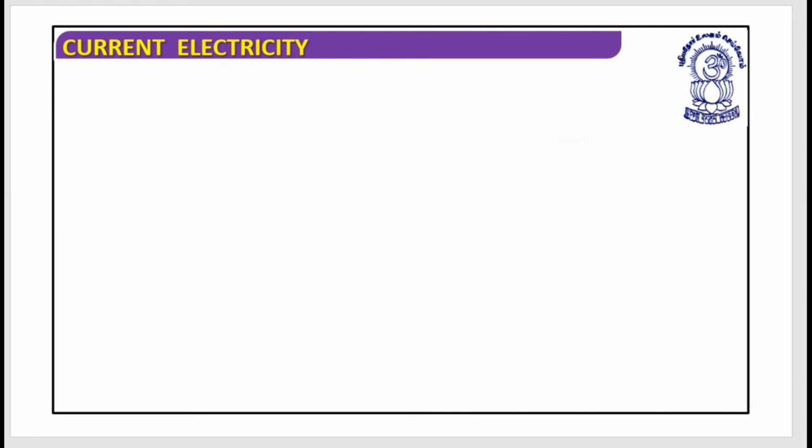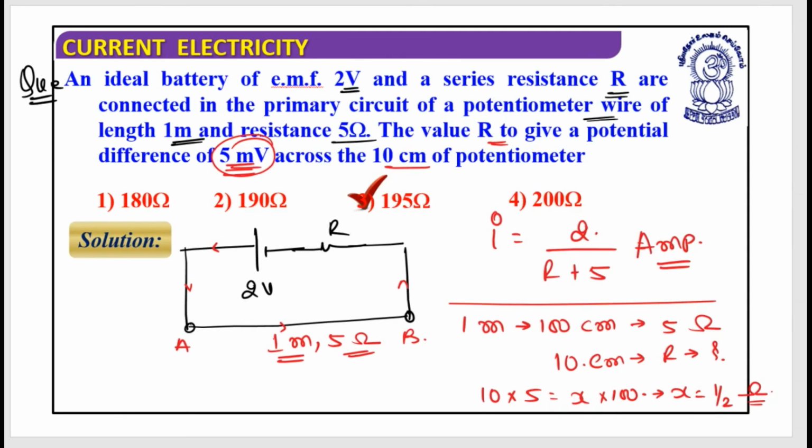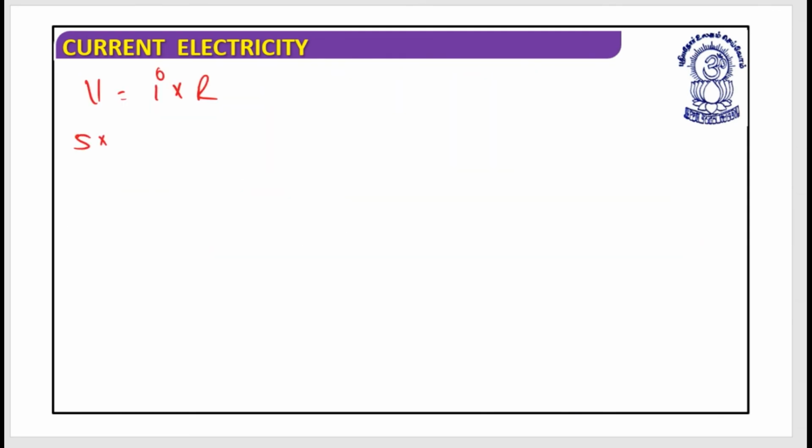Why do I do this? Let's have a look. V is equal to I into R. What do I require as voltage? I require 5 millivolt. What is the current flowing through the circuit?